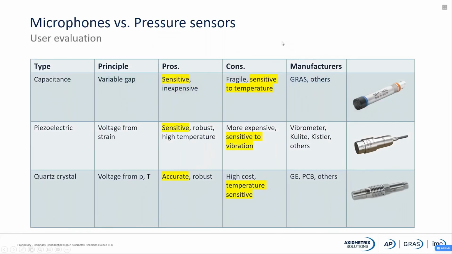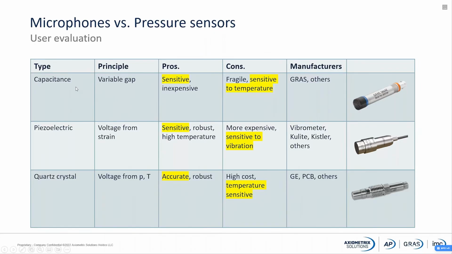So when a user is going to use a pressure sensor or a microphone, he will have to set up some kind of pros and cons, what to use in different applications. This is actually not my table. This is taken from a user. It's a university in the UK that has been using this as a first, very quick definition.